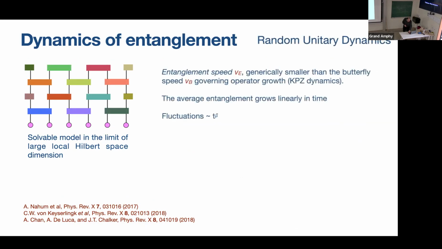So I decided to stay with the Hamiltonian dynamics, but I really would like to stress that very nice progress has been made considering circuits. This is a different type of dynamics.